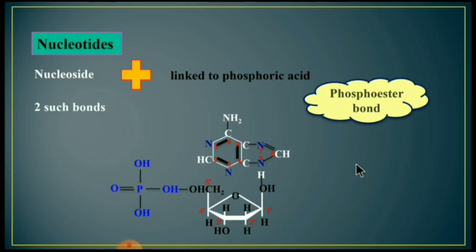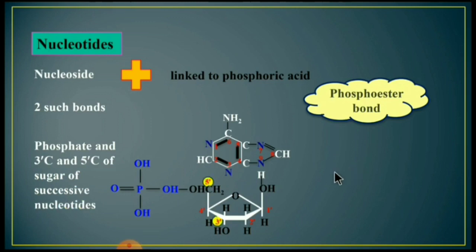Okay. 2 such bonds take place. One is between nucleoside and phosphate group. Another phosphoester bond takes place between 2 nucleotides. Suppose this is one nucleotide, and imagine one more nucleotide is present.